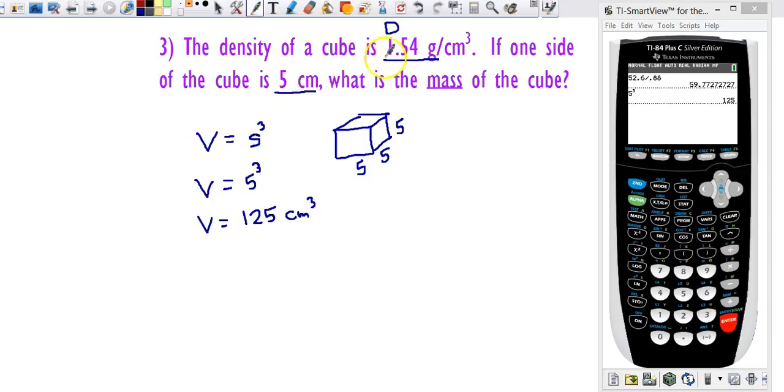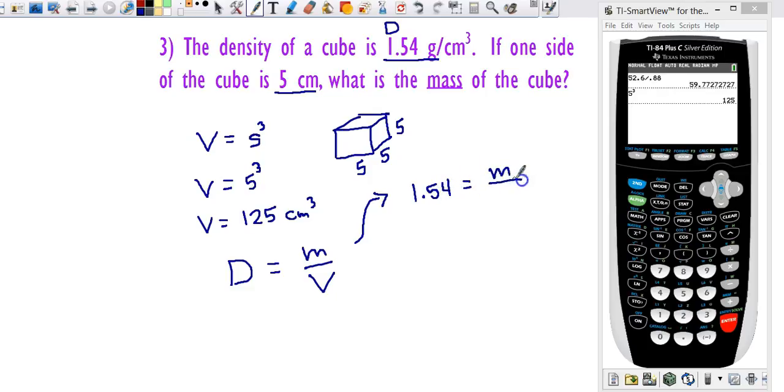Since we have the density and the volume, we're trying to find the mass. We'll plug it into our formula. This time we'll plug in the 1.54 for density and the 125 in for the volume. So I'm going to rewrite that. Here's my density.